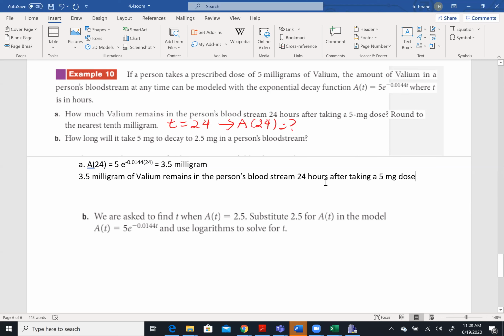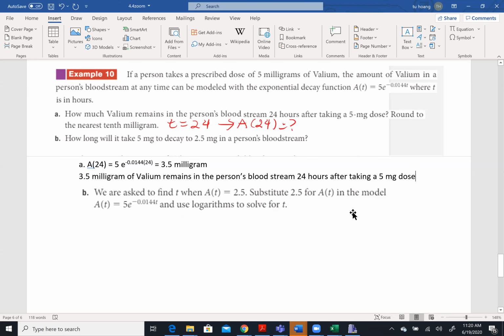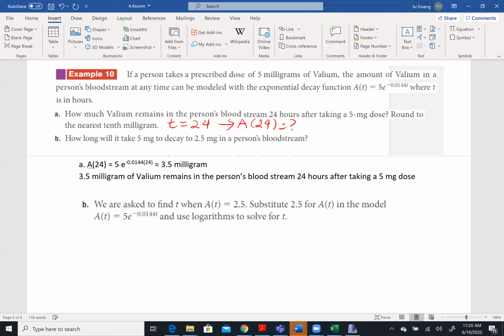So that is A. For B, it says how long will it take 5 milligram to decay to 2.5.